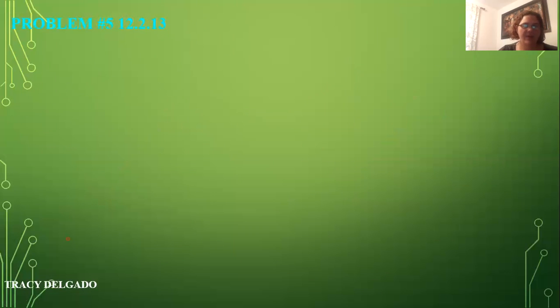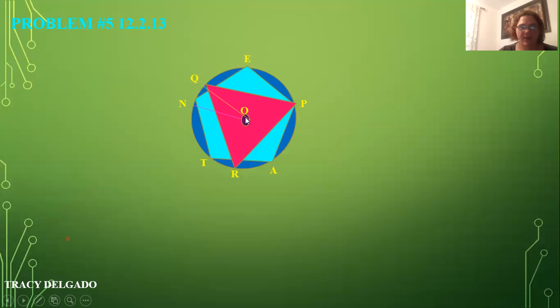Okay, problem number 5. We have a pentagon, an equilateral triangle, and a circle, and then meet together with the O in the middle. And we are supposed to find the angle measurement for angle NOQ. So I made a triangle with 120, 30, and 30, and that will end up being an obtuse triangle.